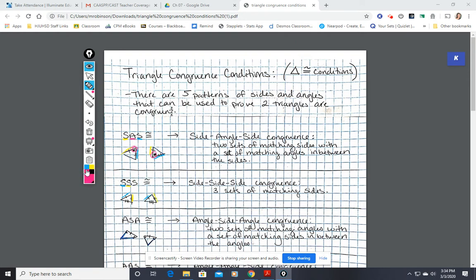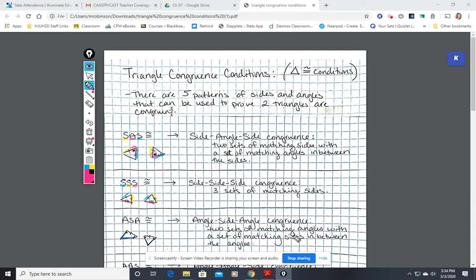And then our third one, we'll use the pink, and that's going to make this one and this one. So we've got 3 sets of sides on both triangles that match up perfectly, so this is a side, side, side congruence.